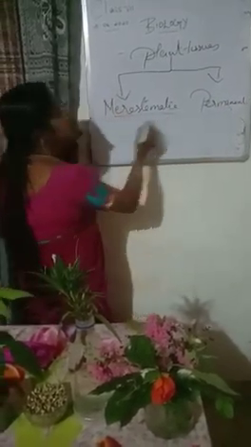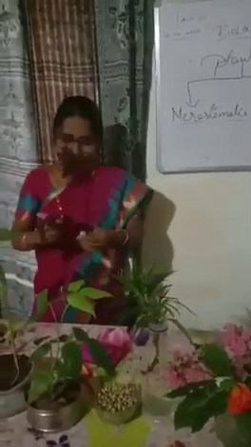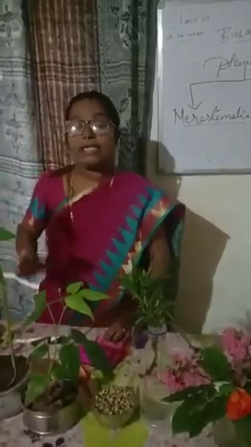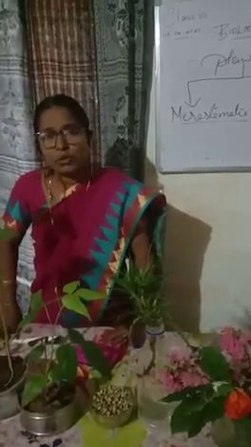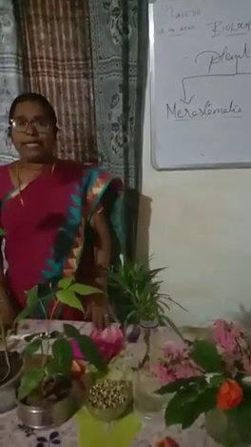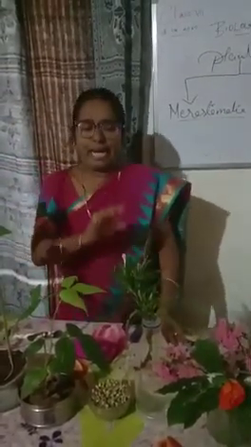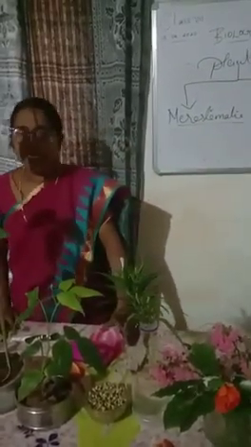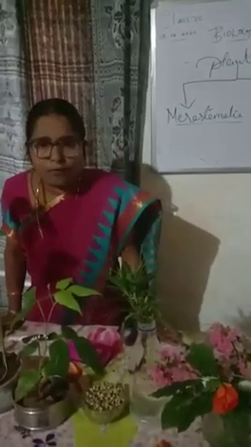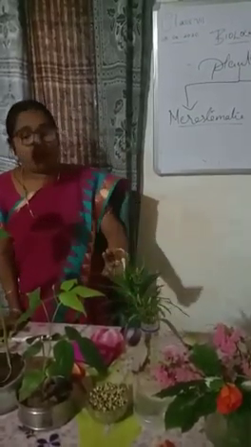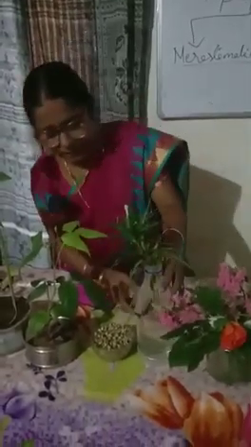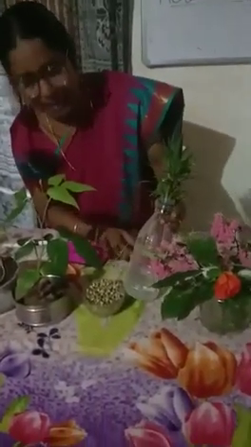Now let us go in detail about meristematic tissues. Meristematic tissues are actively dividing cells. So they are found in the growing part of a plant. Do you know which are the growing parts of a plant? The growing parts of a plant are the tip of the stem and the tip of the root. You can see how the root grows.